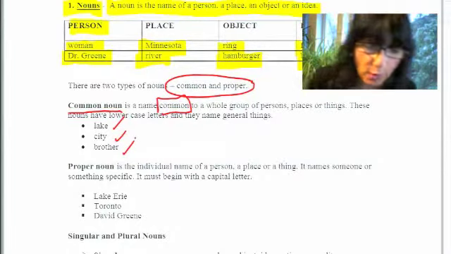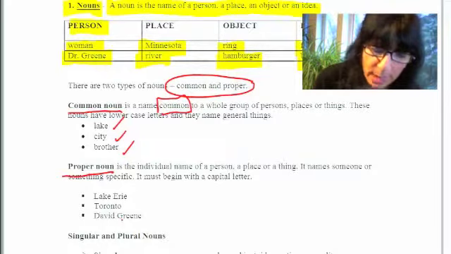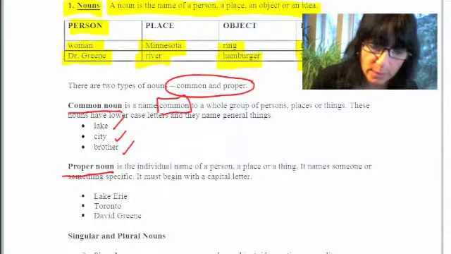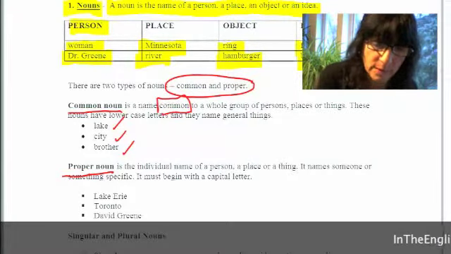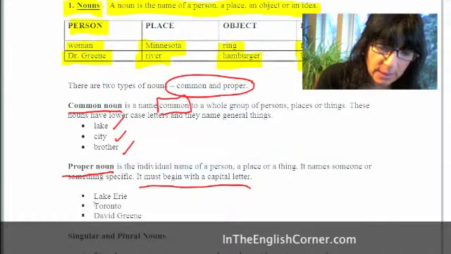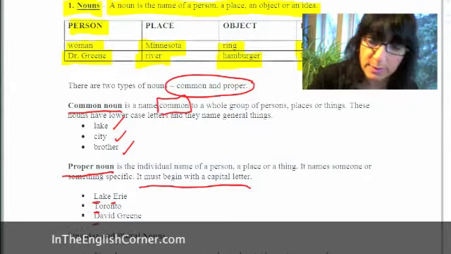Those are examples of common nouns. Proper nouns, however, have capitals because they're individual names of persons, places, or things. So you always start them with a capital letter, such as Lake Erie would be the name of the lake, Toronto is the name of the city, and David Green would be the name of a person.